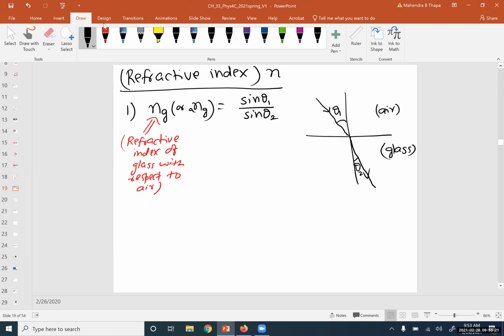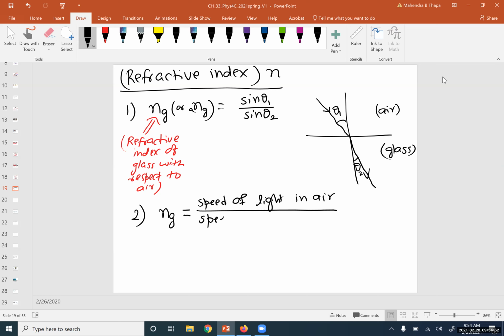We can also define the refractive index in terms of the speed of light. The refractive index of glass with respect to air is the speed of light in air over the speed of light in the medium, glass in our case.